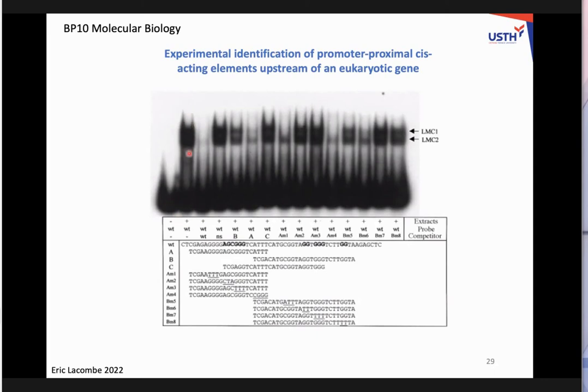The second lane, we just add protein extract. So this is extract of protein contained in the nuclei of stems of plant. And what you see is that you still have the free probe, and you see that there are two big complexes that appear. Do you see it? So it means that this region is able to form complexes with protein extract.